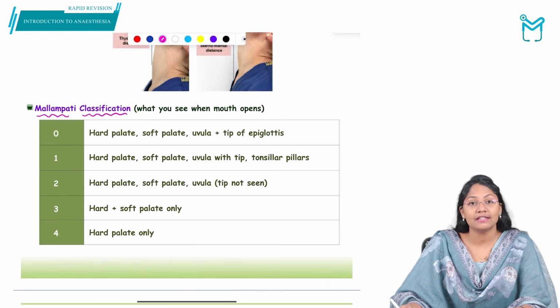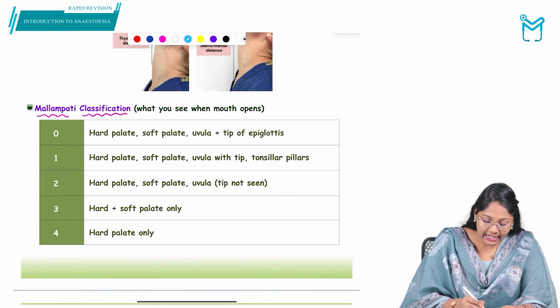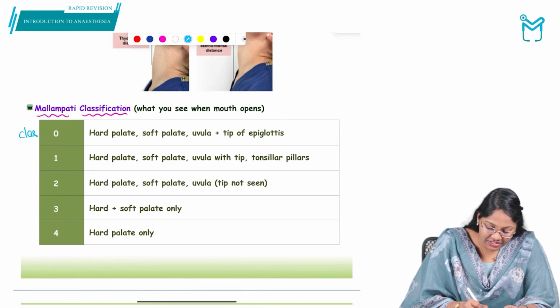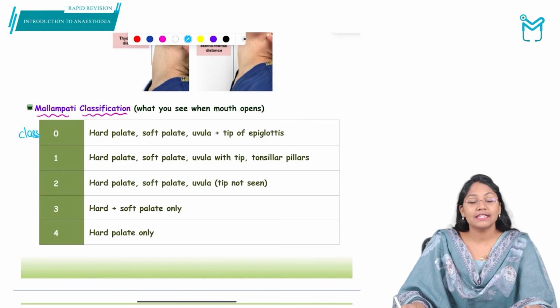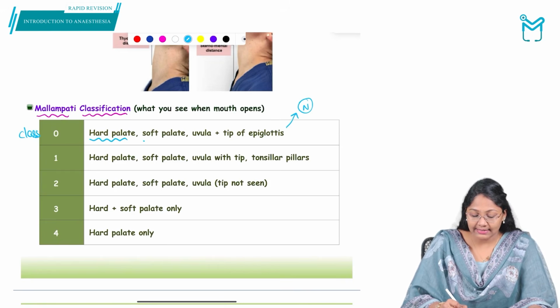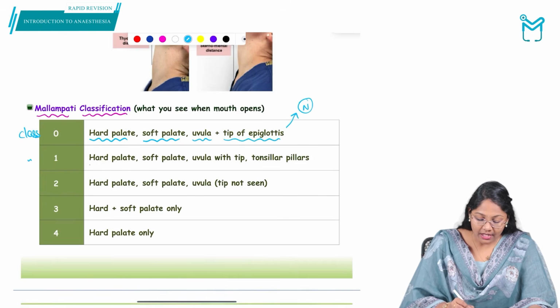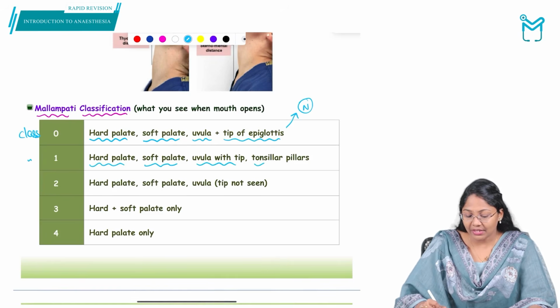So he gave us stages, classes. In class 0, when the patient opens his mouth, we can see the hard palate, soft palate, uvula as well as the tip of the epiglottis. In class 1, we can see the hard palate, soft palate, uvula with tip as well as tonsillar pillars.